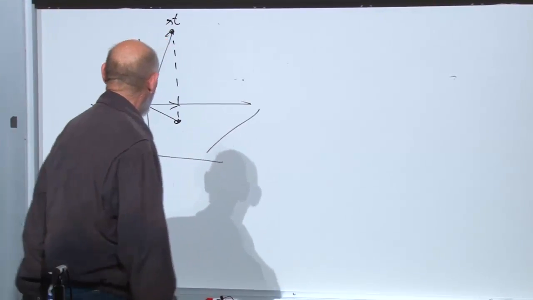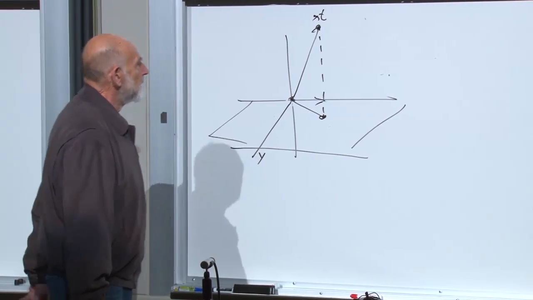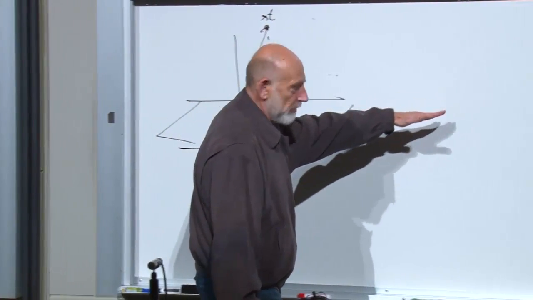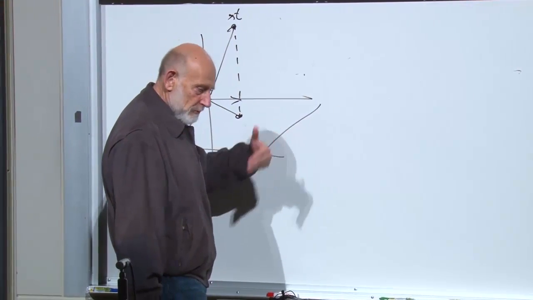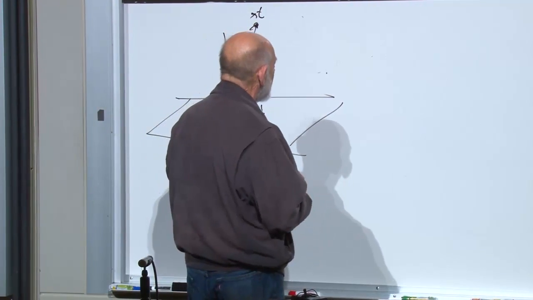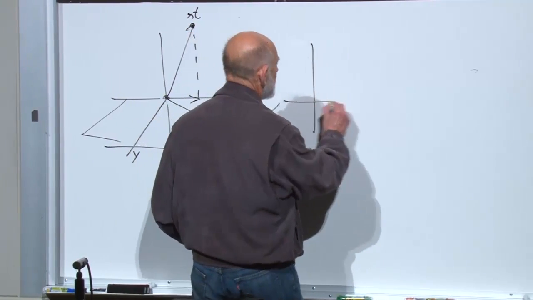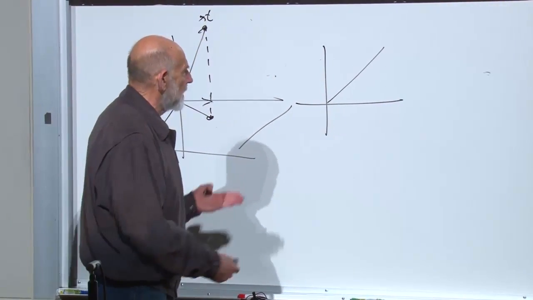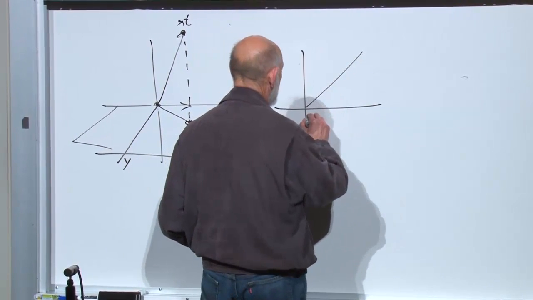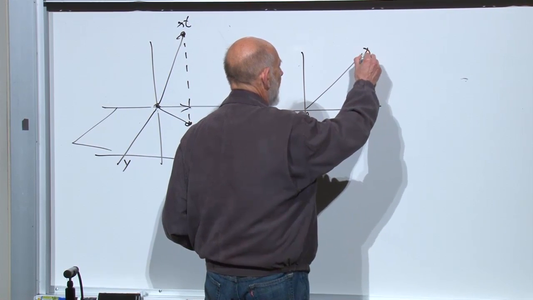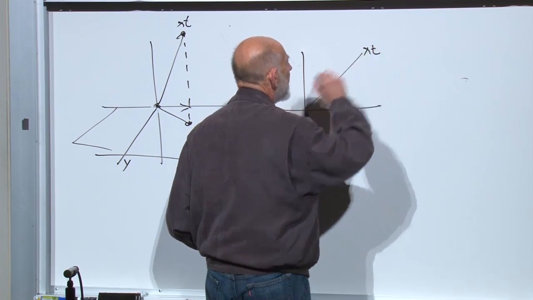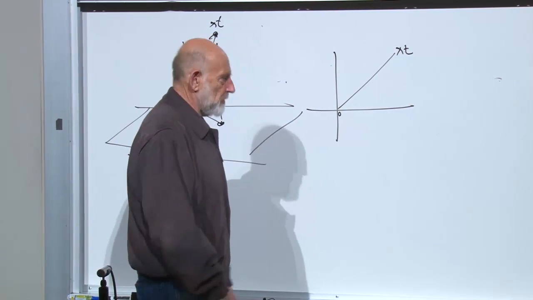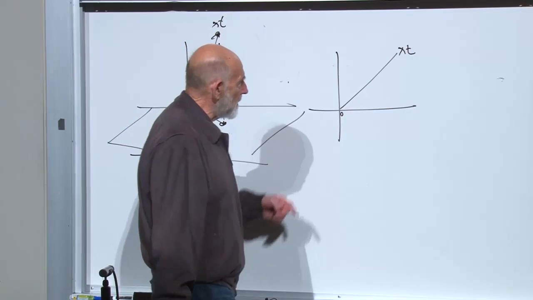Let's talk about how light rays move. Let's go back to the one-dimensional case, one space and one time dimension. Light rays move along 45-degree axes like this. That means they will move from the origin to the point x, t, but only if x is equal to t. That's just saying the light moves with velocity 1.